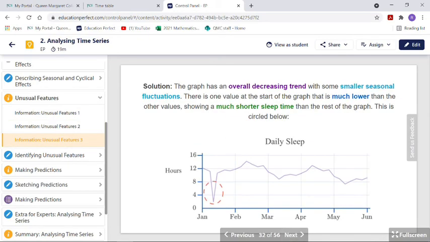Now, when you find an unusual point, you're not allowed just to say, there's an unusual point between January and February. You also need to try to explain why it's happening. You're not always going to have the background knowledge to do it, but show some insight.